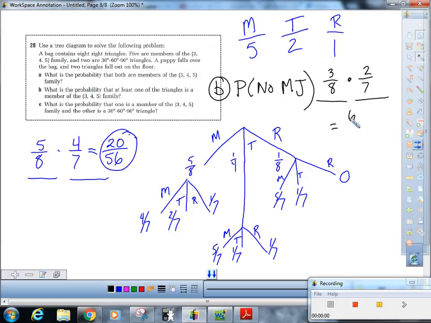The answer for our little thought experiment is 6 out of 56. So in only 6 out of the 56 cases will you not select any 3, 4, 5 triangles. So then what is the answer to our question? Come on, you can subtract it. So it'll be 50 out of 56, right? So that's the answer to B.